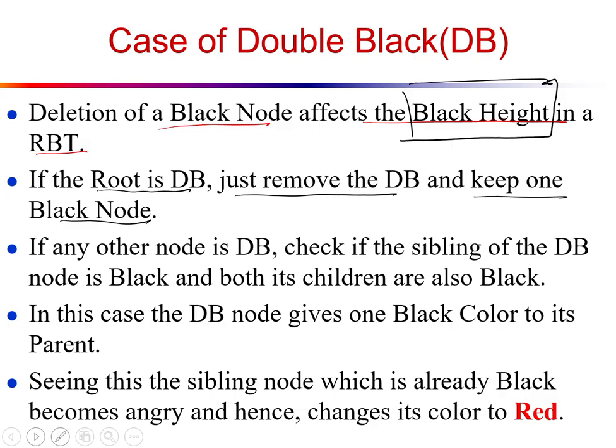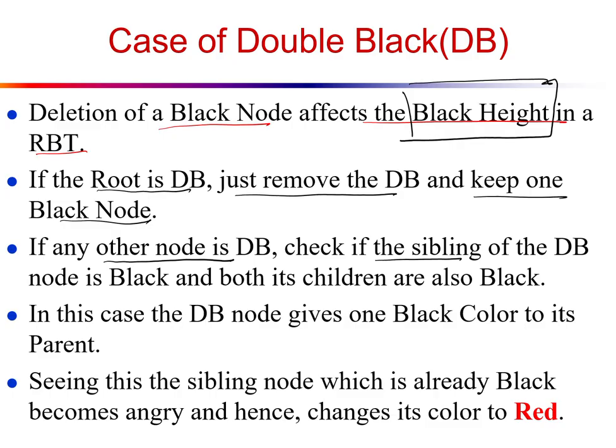But if the root is not double black, for any other node that is double black, we need to check the color of the sibling. Do you guys remember that in the insertion videos of red black tree, we used to check the color of the uncle? For all those doubts, guys, please go and watch my previous videos. But anyways, if the root is not double black and any other node is double black, we need to check the color of the sibling.